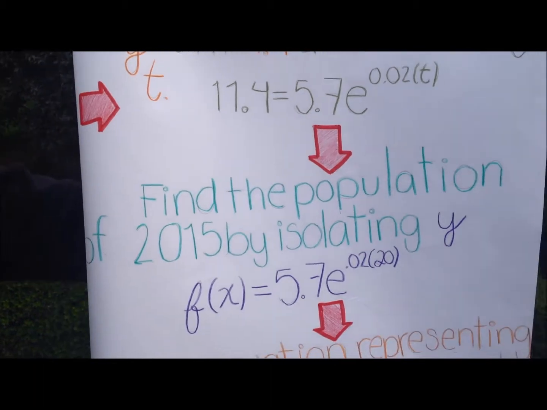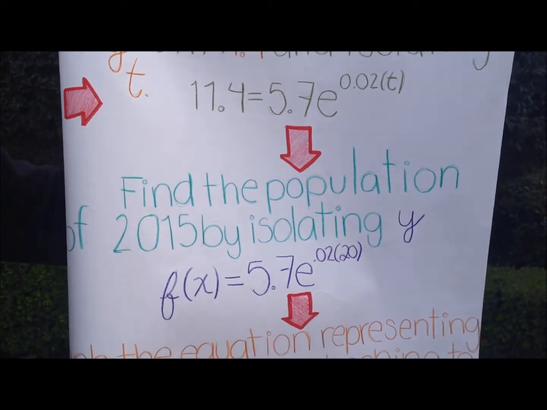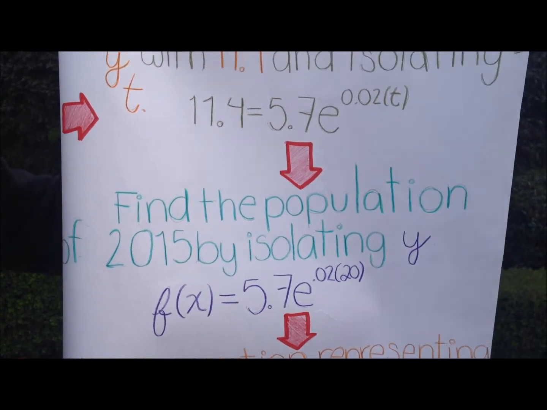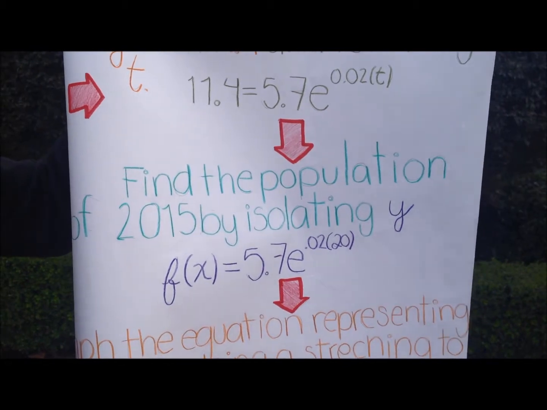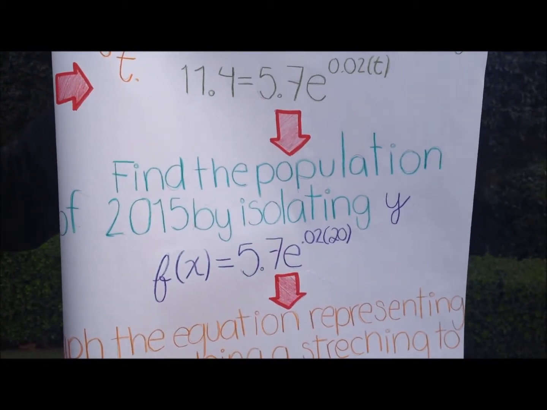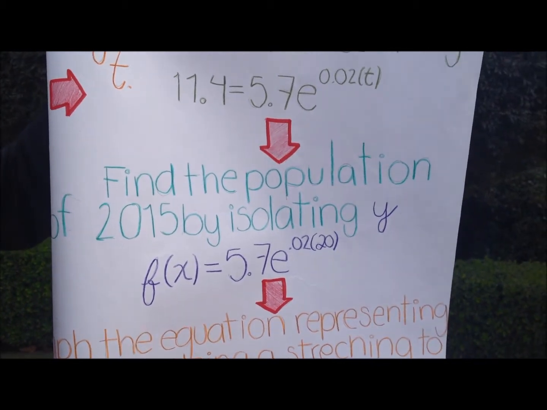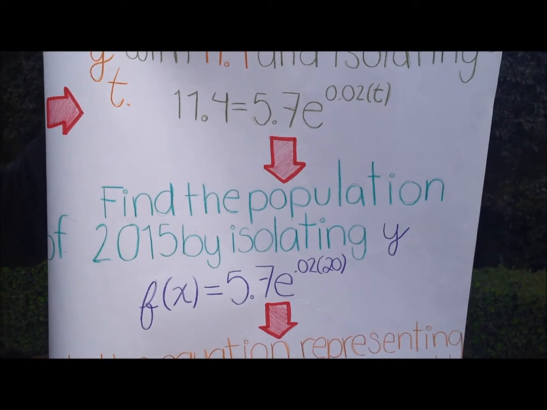The next step is to find the population of 2015. We are going to do this by isolating y and substituting t with the number 20. So we will have the following equation: f of x equals 5.7 times e to the 0.02 times 20 power.